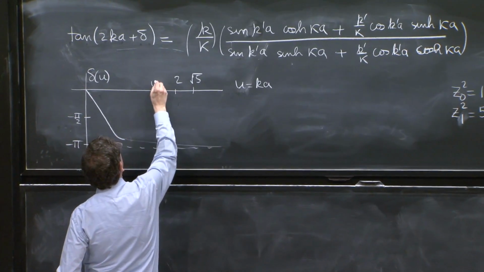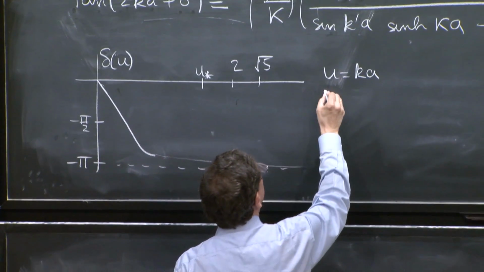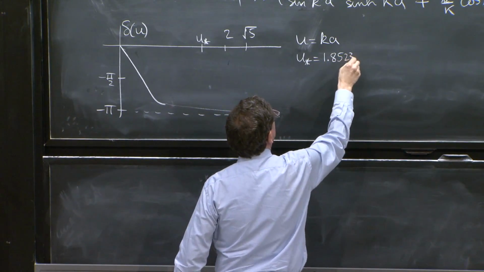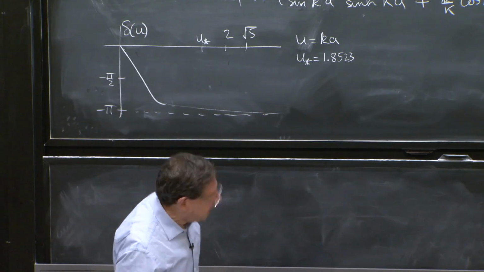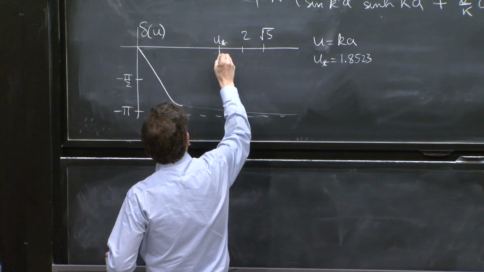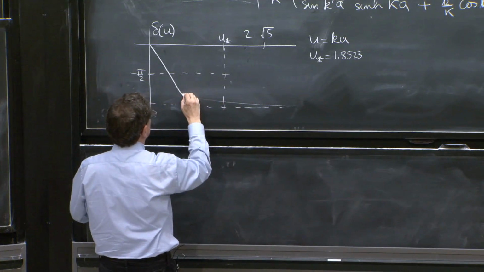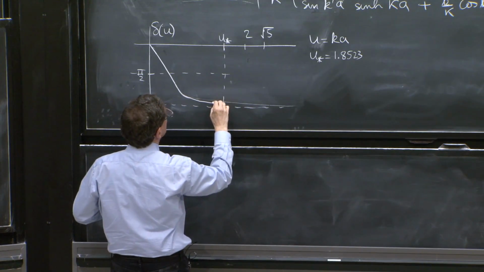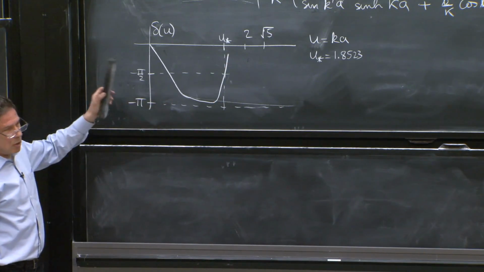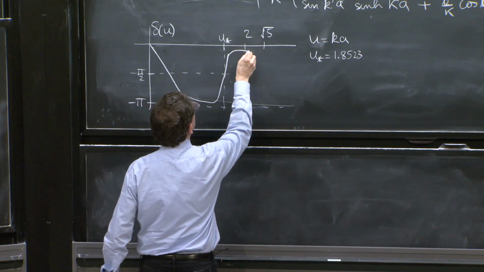At some value u star, which is about 2.23, I think, that's what I calculated, the phase that is almost minus pi suddenly jumps very, very fast, crosses minus pi over 2, and then it seems to do something like this.